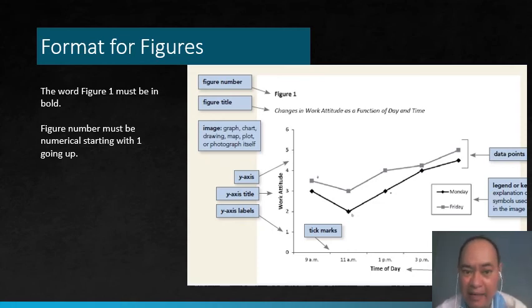By the way, for schematic diagrams and other figures, it is suggested that for UV, the word figure should be at the bottom. But if your figure is a graph, please follow this format. But for your schematic diagram, make sure that the word figure is at the bottom. The word figure is in bold, and the description is all aligned into one line.